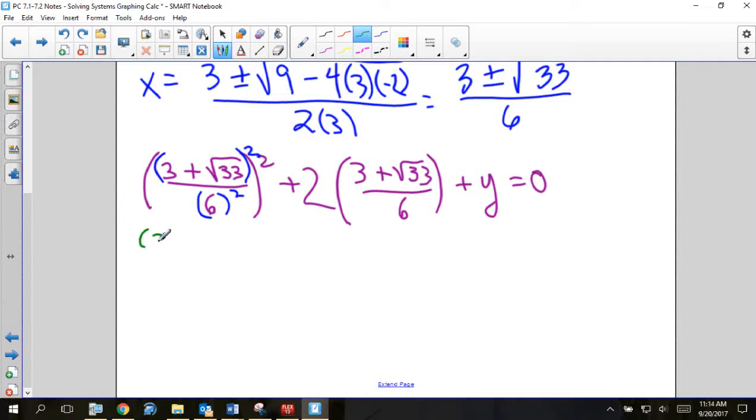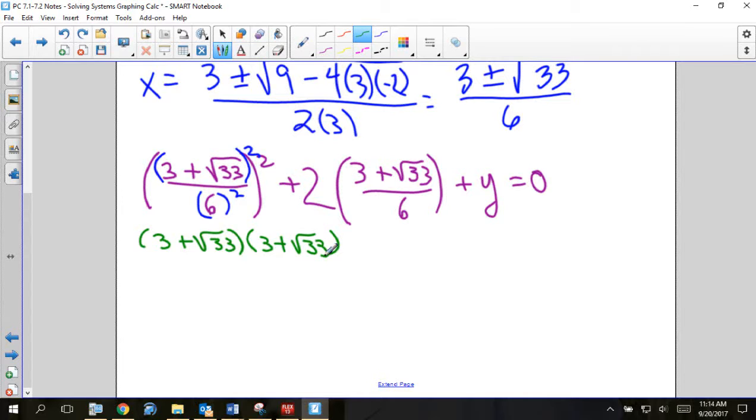Okay, so we do 3 plus radical 33 times 3 plus radical 33. And we're going to FOIL. The more you FOIL perfect squares like this, the more you'll develop a trick that helps you go faster. We'll talk about the trick eventually.